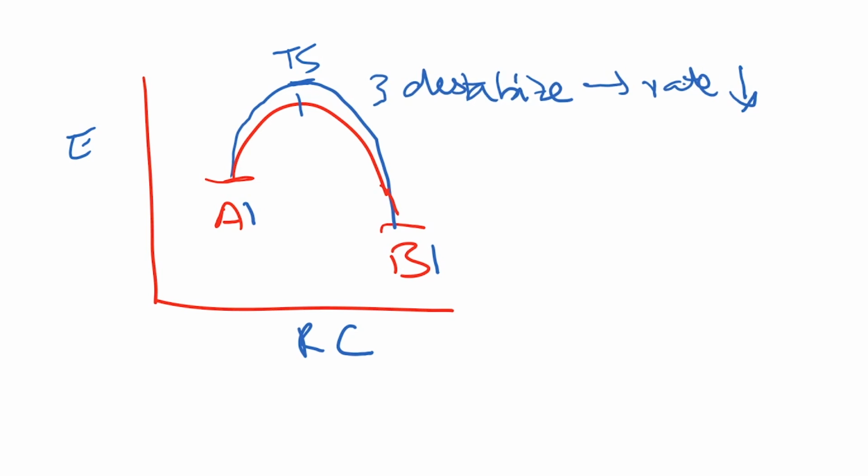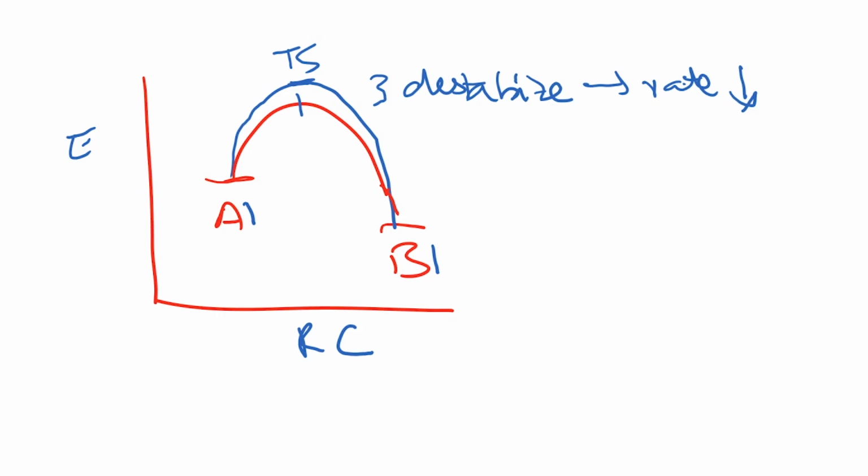So anything that destabilizes the transition state is going to result in reduction of rate. Anything that stabilizes the transition state or removes the hindrance to the reactive center is going to result in a decrease in the transition state energy, which results in an increase in rate.